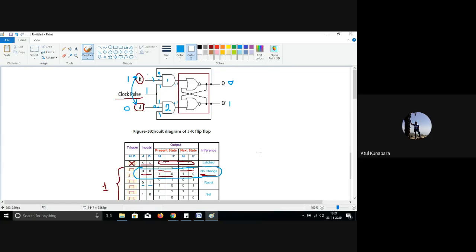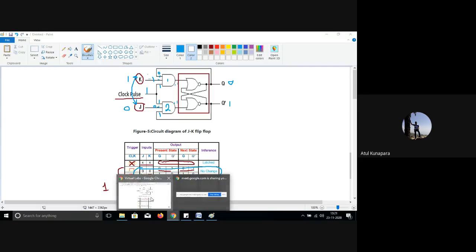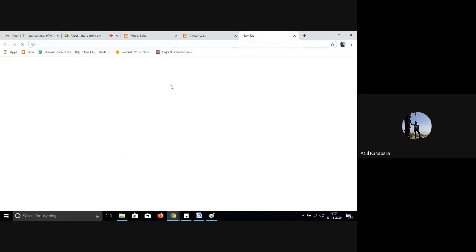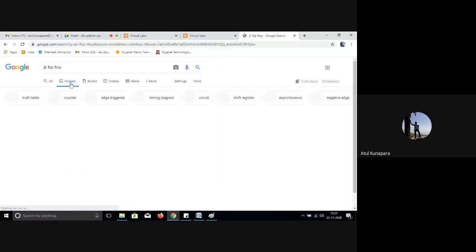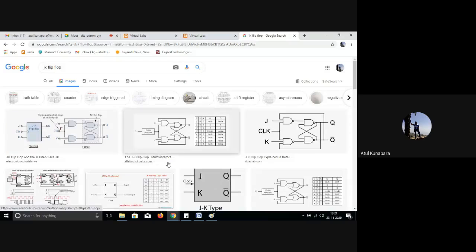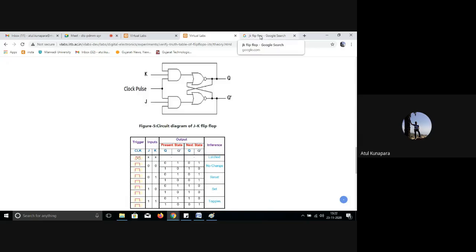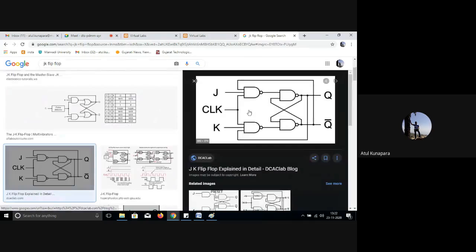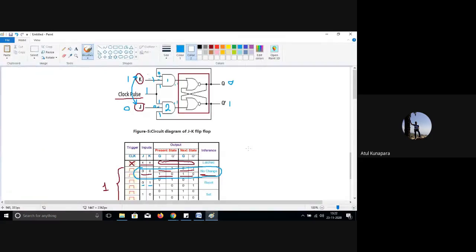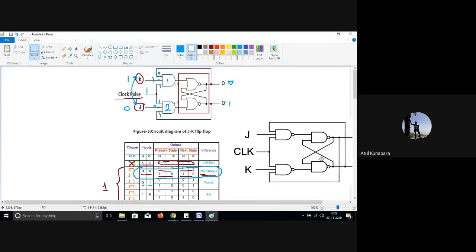Let me take another diagram from the net. This diagram has a mistake in the connection. So let me just take a diagram of the JK flip flop. Okay, so look at this diagram which I just took from the net.